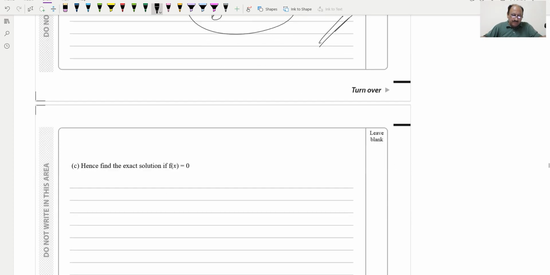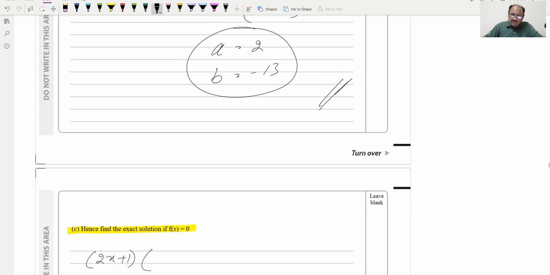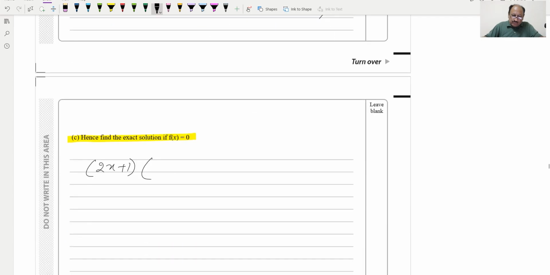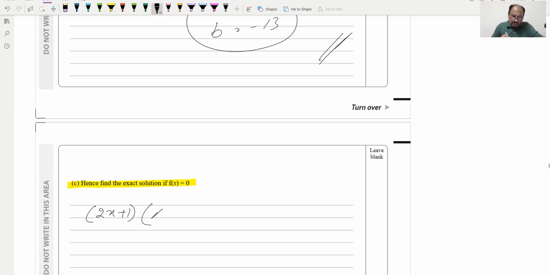Hopefully you got this. Now the C part is still remaining, which says hence find the exact solutions if f of x is equal to 0. Now we know that 2x plus 1 is one of the factors, and we have done the other factor also, so we can write x squared plus 4x minus 9 equal to 0.